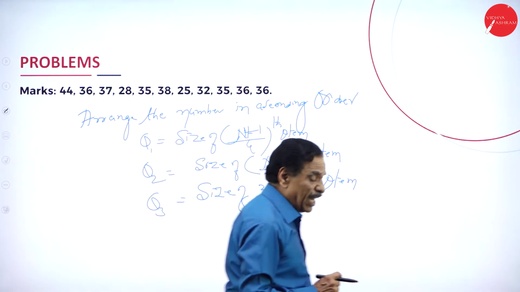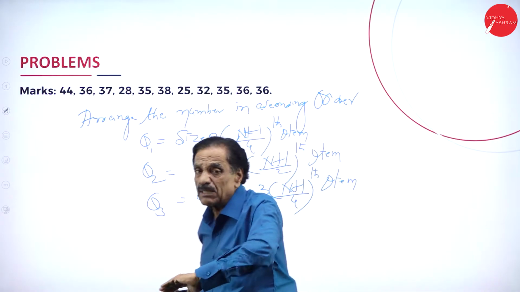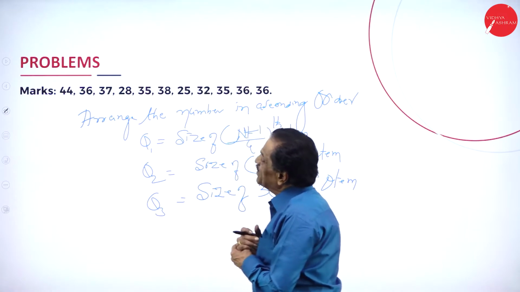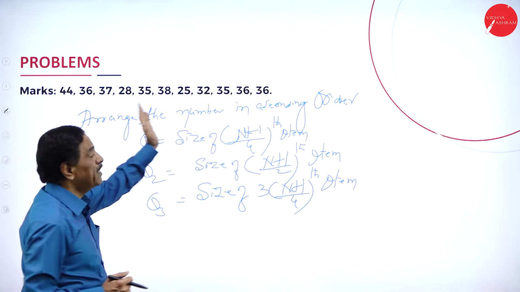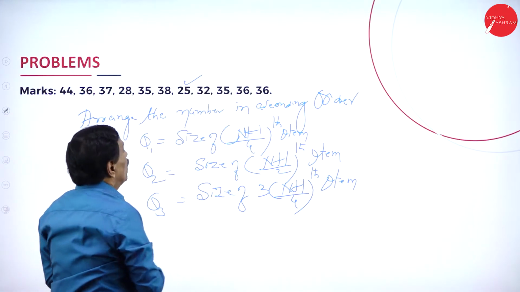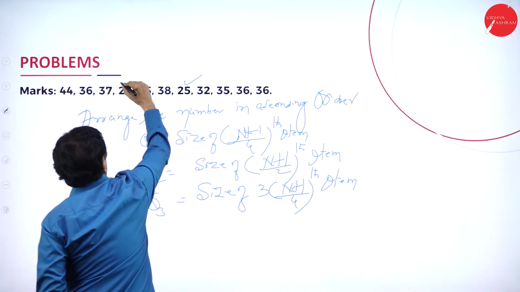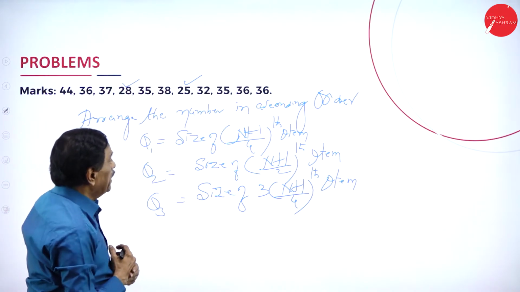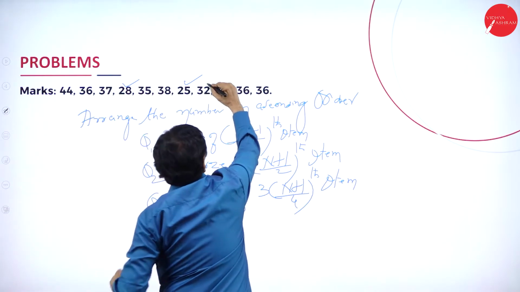First, you have to arrange in ascending order, from the lowest number to the highest number. If we see this, the lowest one, 25, is the first number. What is the next highest after 25? You got 28. After 28, what is the next highest? 32.